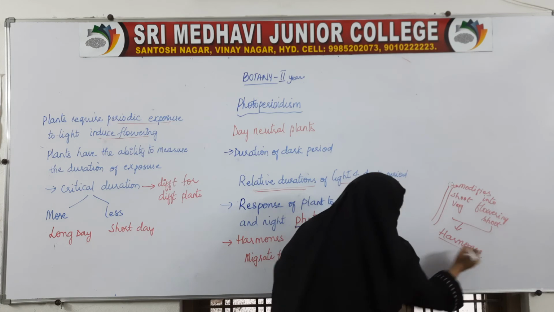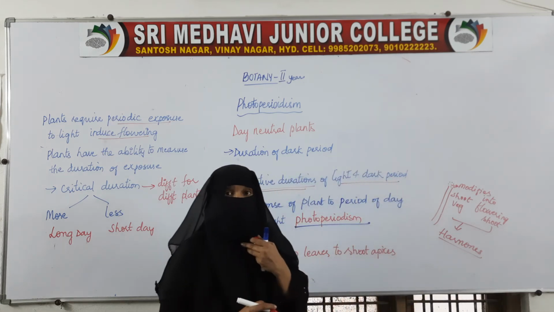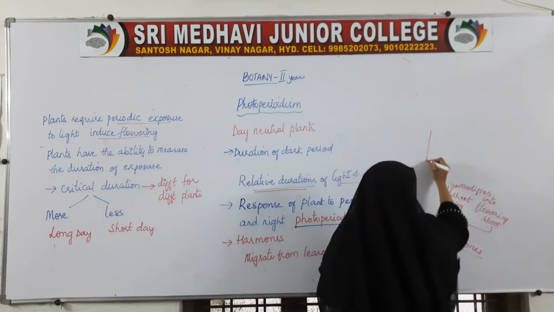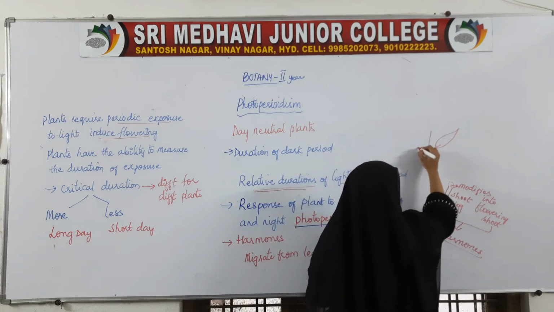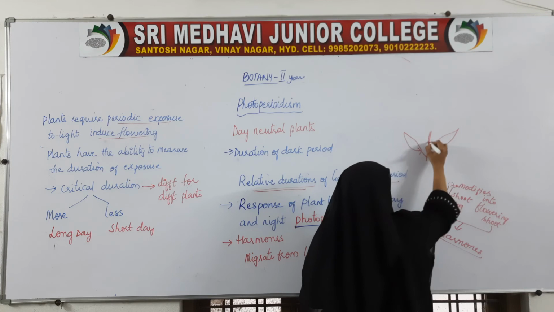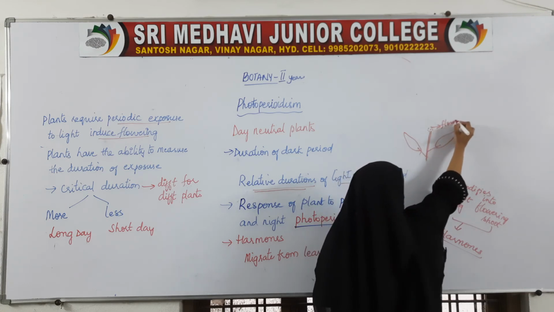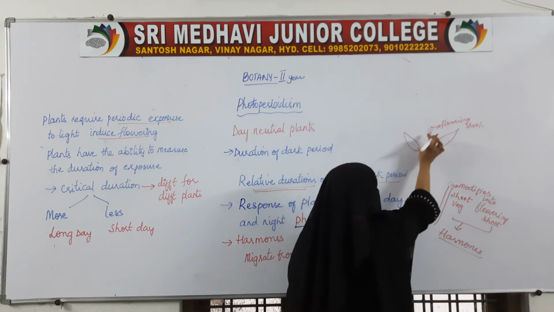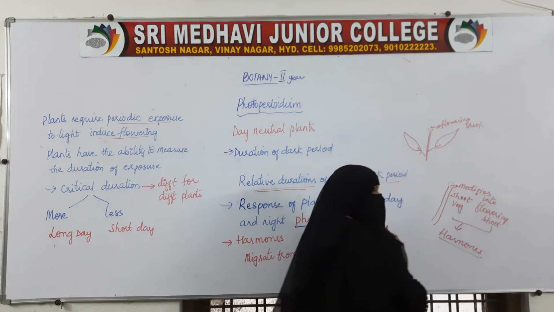There are certain hormones produced by the leaves. For example, this is the leaf and this is the shoot. Earlier it was a vegetative shoot, now it has been modified to a flowering shoot.